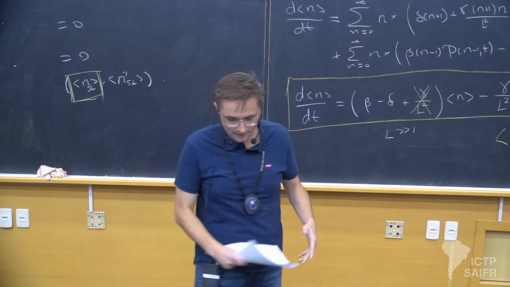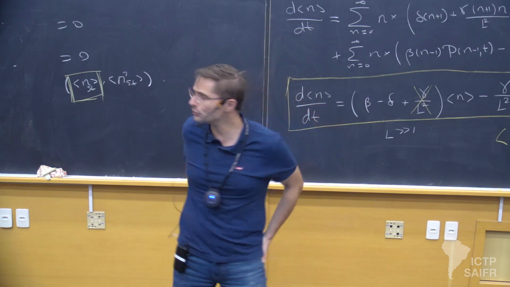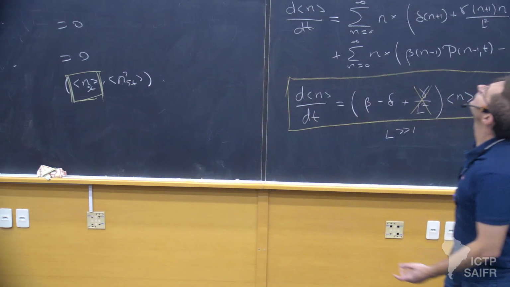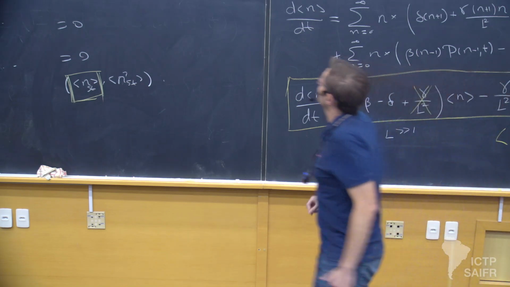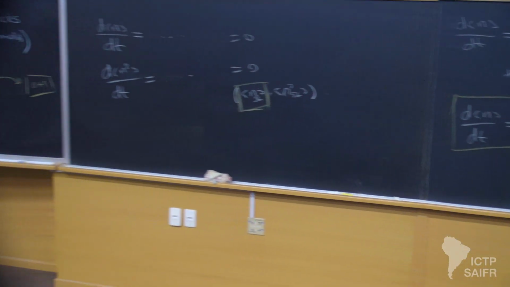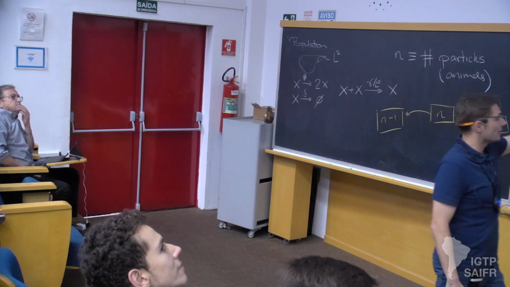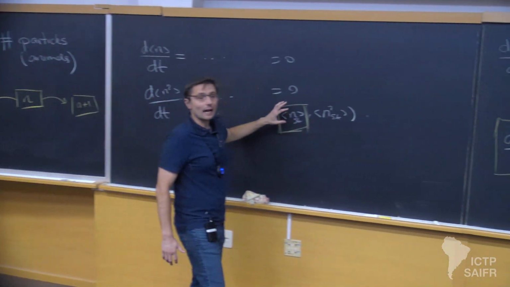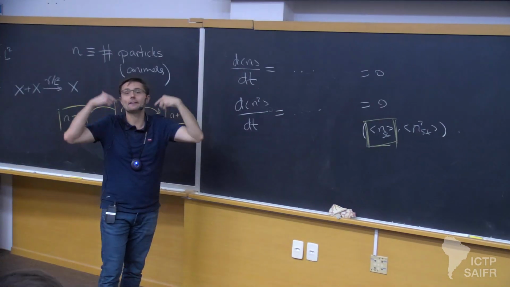So this is the next step we have. What you see now on the screen, and I hope the colors were a good choice, is the same we had before, but now the red line is the solution that I get for the mean number of particles from this two-dimensional dynamical system in which I am feeding the information about the fluctuations.